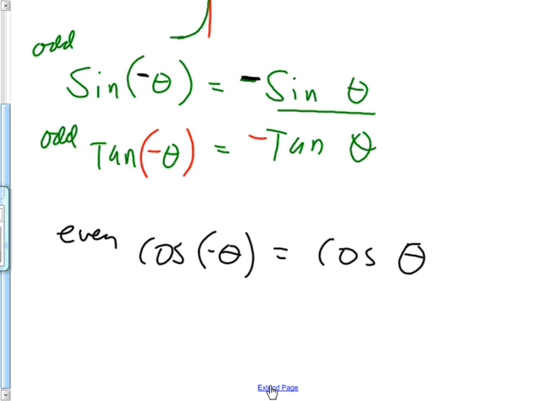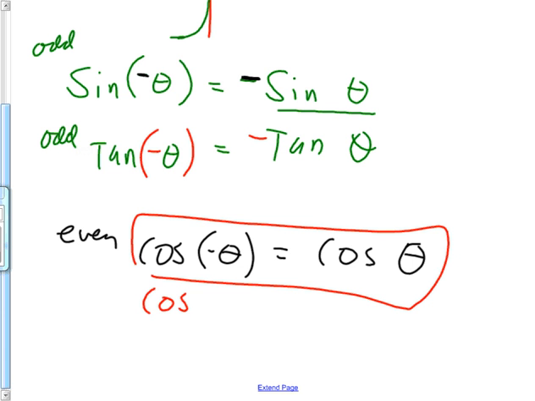And it can't just keep the negative inside, or it'd be, duh, cosine of negative theta is cosine of negative theta. That doesn't do anything. So there's only one other choice. It's the same thing as normal. Cosine of negative theta is equal to cosine of theta.